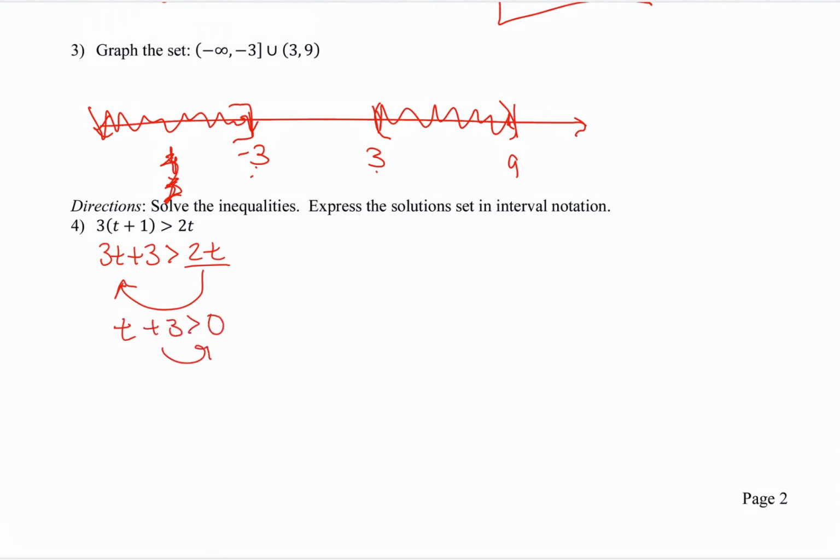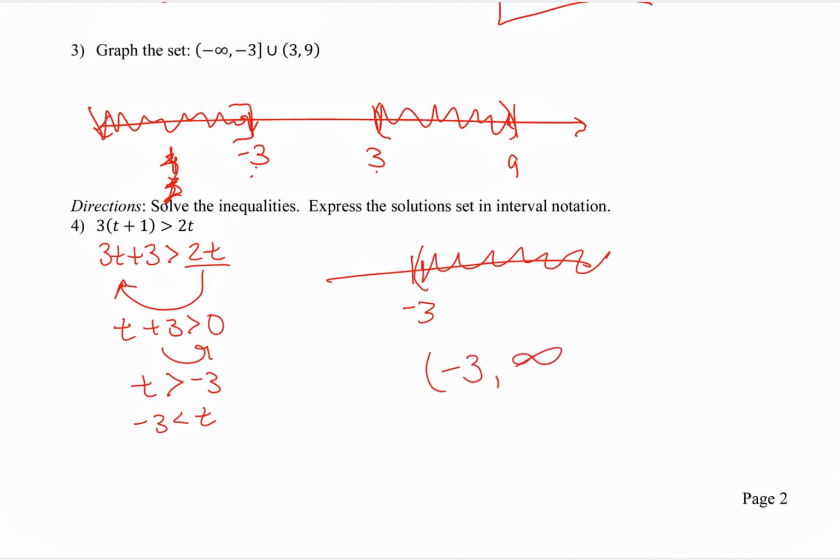Now I'm going to move the 3 over. So I have t is greater than -3. I like to keep it in order, so it's really -3 is less than t. So when I graph this, I have -3 here, and t is greater, so it's out here. So in interval notation, it's -3 to infinity. And there I go.